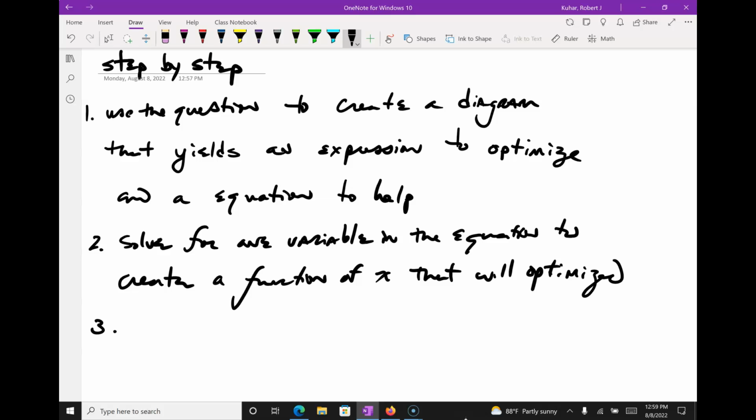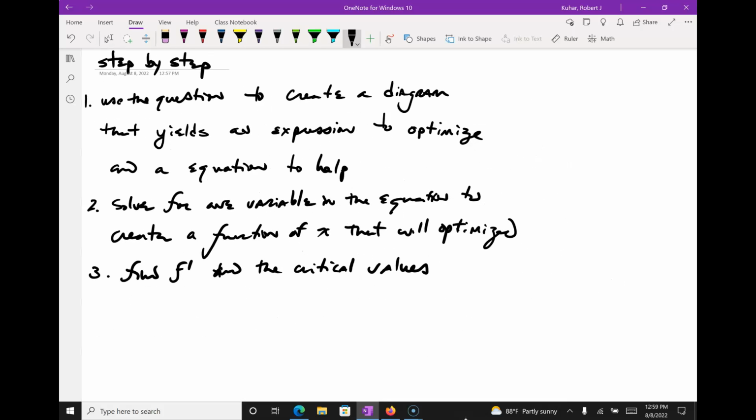So I've got my picture from the information in the problem. I've created an expression and I've got an equation. Step 2, solve the equation for a variable and sub in, right? Step 3, find f prime and the critical values. Of course, you can use a graph at that point, right?